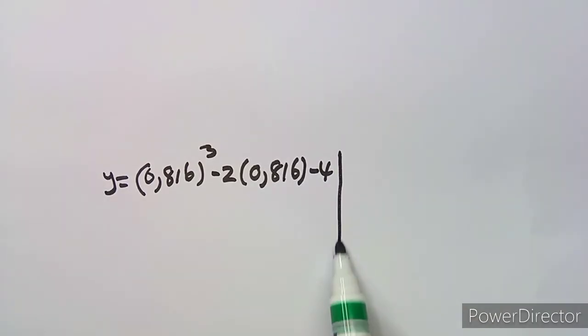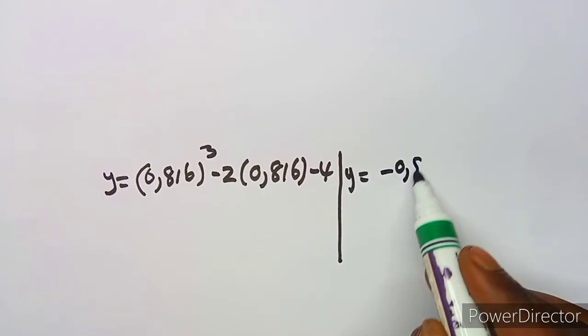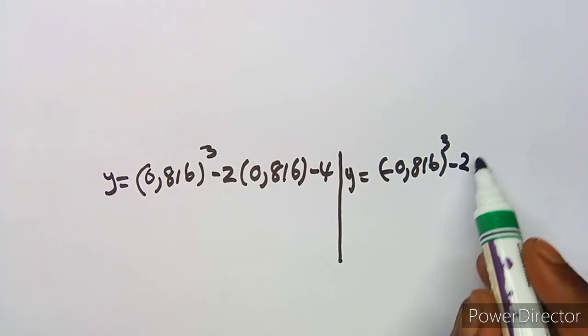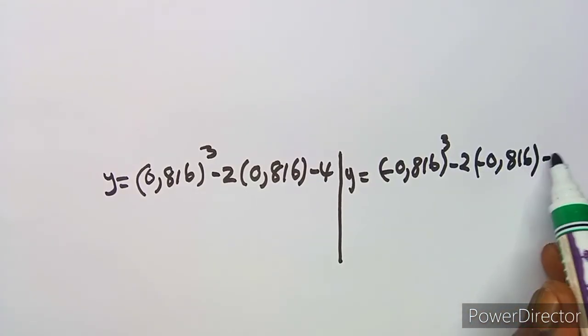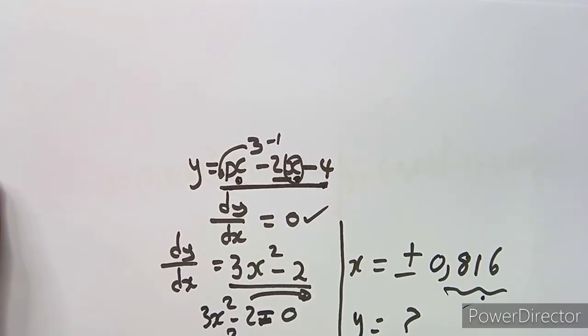You obtain a value from this one. You do the same with the negative: minus 0.816 to the exponent of 3, minus 2 into minus 0.816, minus 4, like this. So this is the presentation that is supposed to be in your calculator because you are substituting on these two.